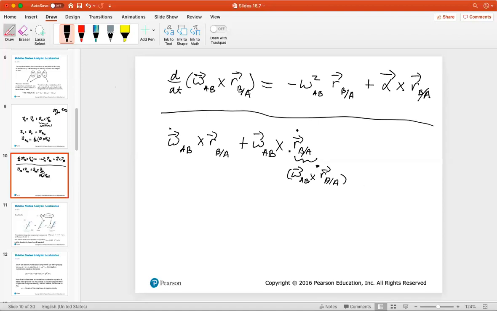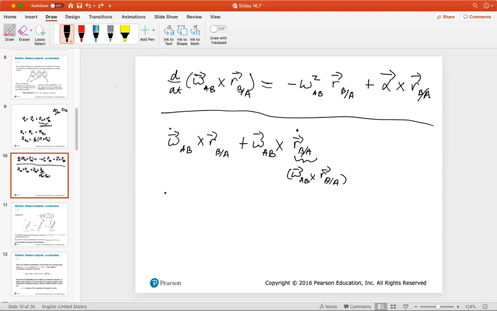Oh, sorry, went too far. The derivative, sorry, R AB was a relative position vector. The derivative on it was just going to be omega cross R AB. There you go, one too many layers here.